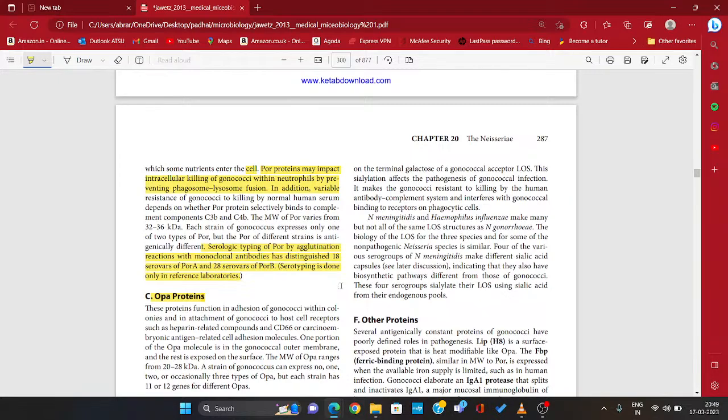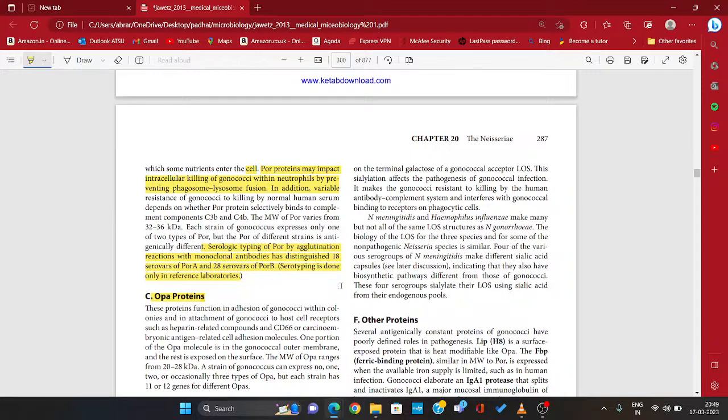This sialylation affects the pathogenesis of gonococcal infection. It makes the bacteria resistant to killing by the human antibody complement system, and interferes with the gonococcal binding to receptors on phagocytic cells.